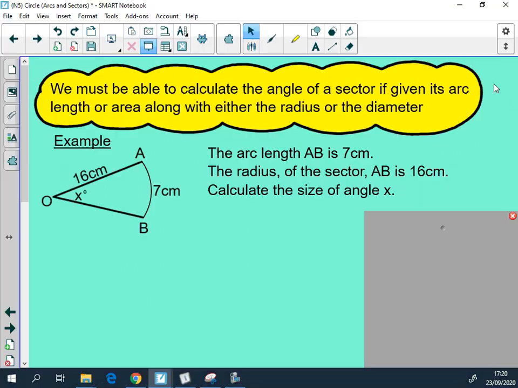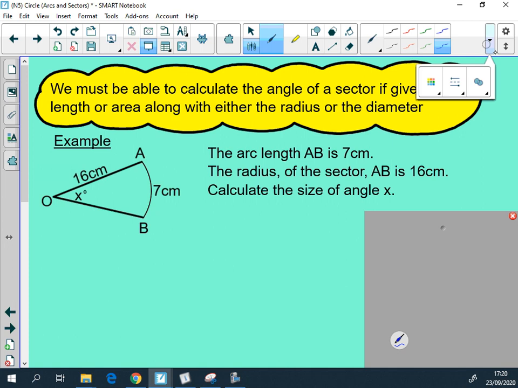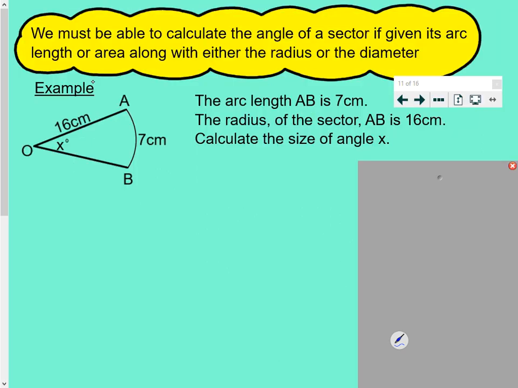So to answer these, we always still start by writing the formula down. So I know that to work out this arc length of 7 centimeters, arc length is equal to the angle at the middle all over 360 times pi times d.